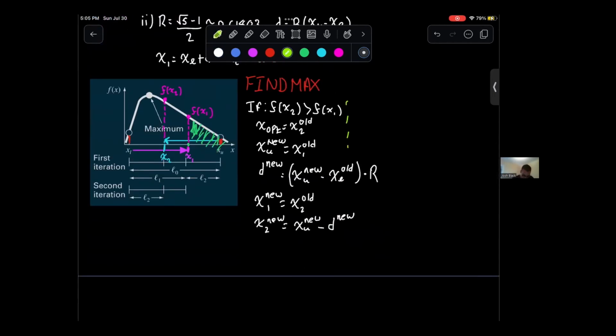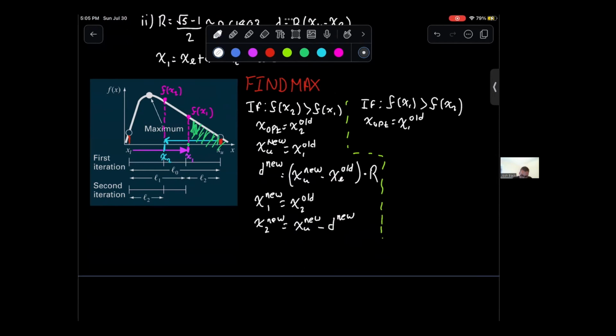Now, we can do the same thing in opposite. If f of x1 is greater than f of x2, this means my x optimum is now equal to the highest point that we know, which is my old x1.